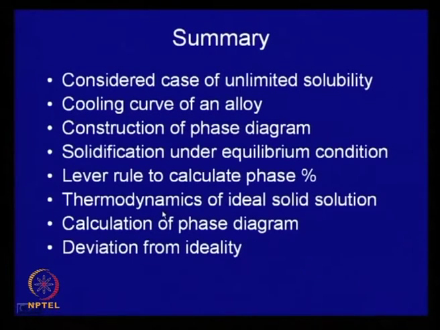We also looked at the thermodynamics of an ideal solid solution, and using the concept of chemical potential, it is possible to calculate the phase diagram from the thermodynamic properties of metals A and B. And we also talked about deviation from ideality.